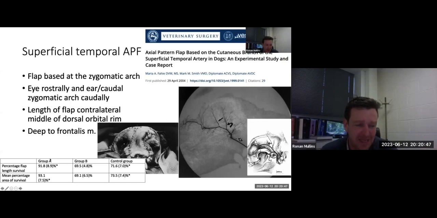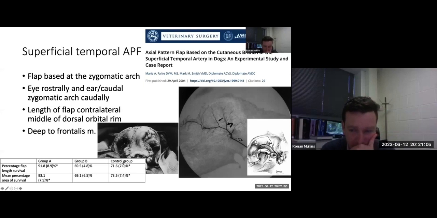So Group A basically is following the recommended guidelines that we know. So based on the zygomatic arch, going back to the ear and limited cranially by the eye, and going to the middle of the dorsal orbital rim of the contralateral eye.